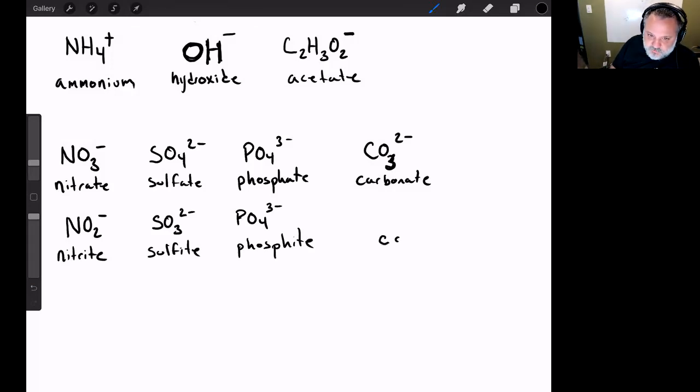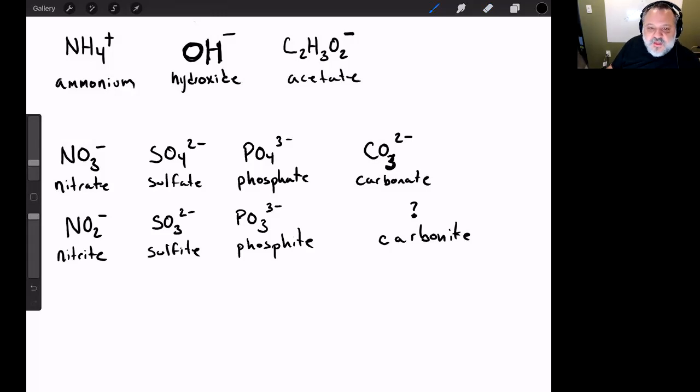Here's a trick question. What would be the formula for carbonite? This is a trick question, but what would the formula for carbonite be based on the pattern so far? Oh, I screwed up phosphate, so phosphite. Let me unscrew this up.